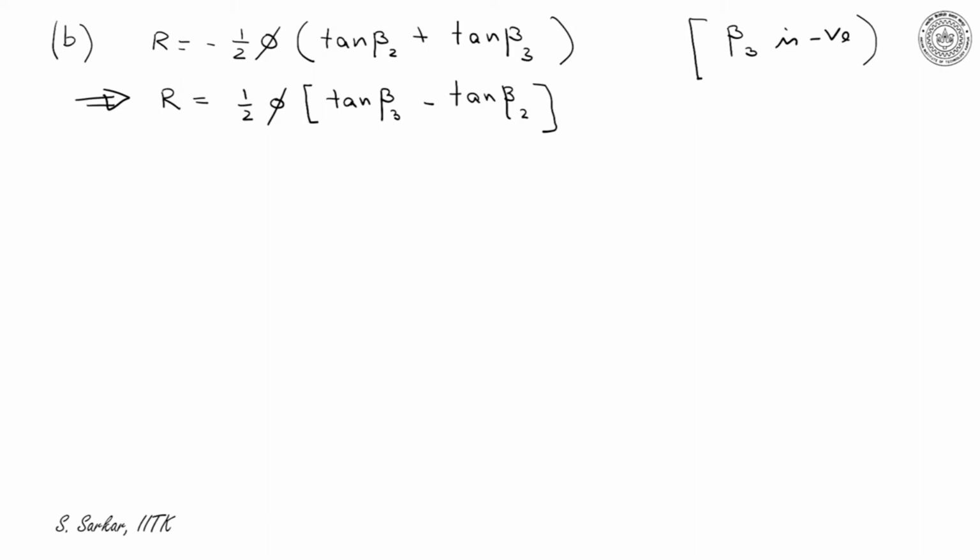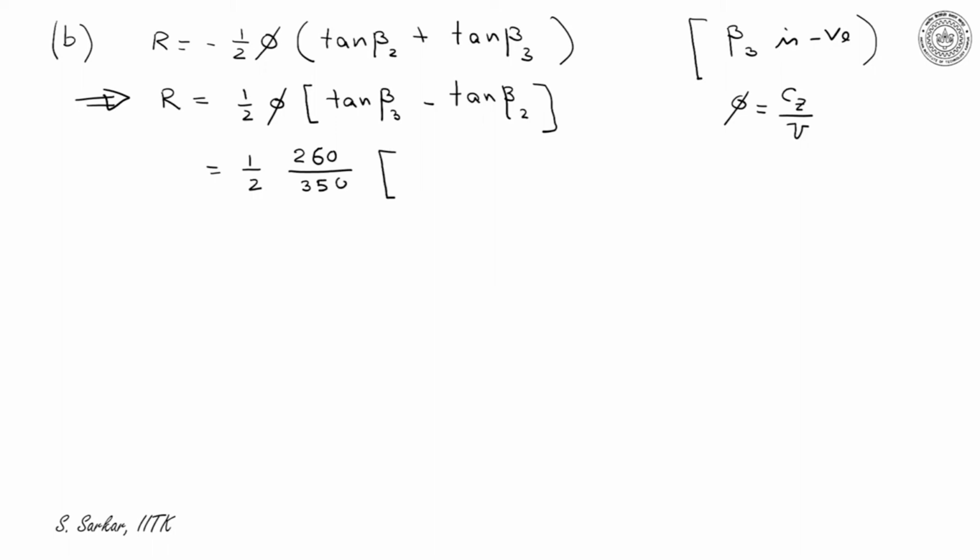Now let's put in the values. The phi, the flow coefficient, is equal to Cz by U. I know the value of Cz and I also know the value of U. So this would be equal to half, where Cz is 260 and U is 350 meter per second.